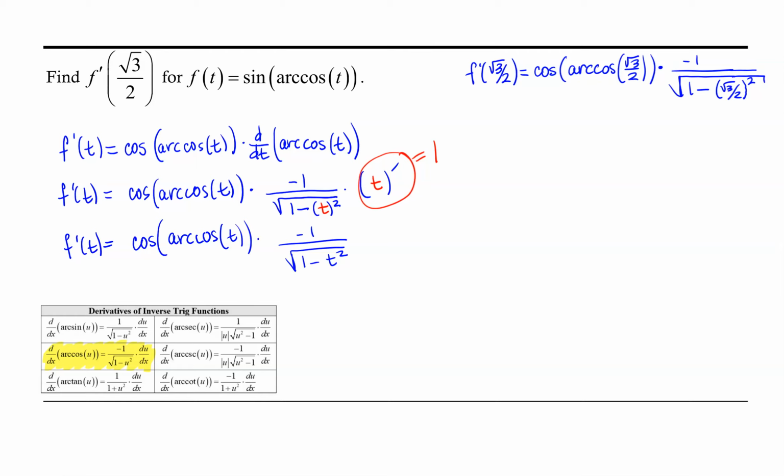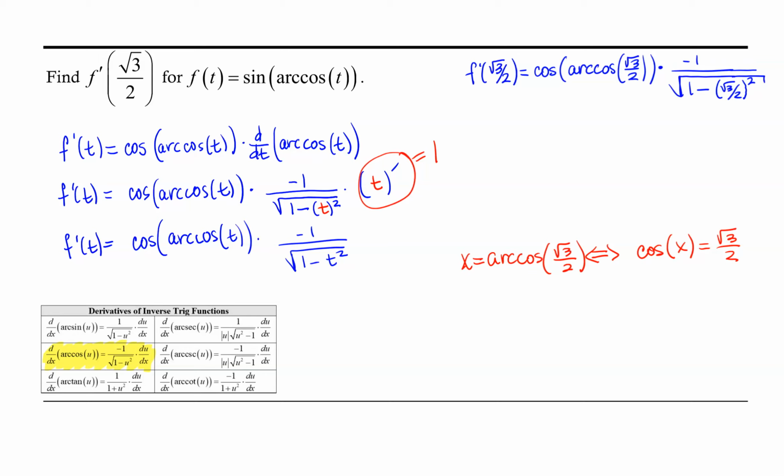So first of all, let's talk about arc cosine of square root 3 over 2. This is equivalent to saying, the cosine of what angle is square root 3 over 2.